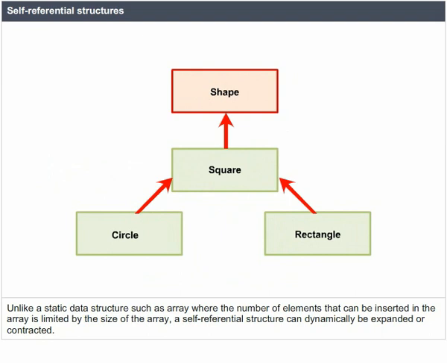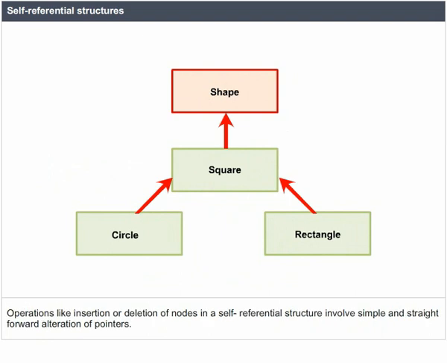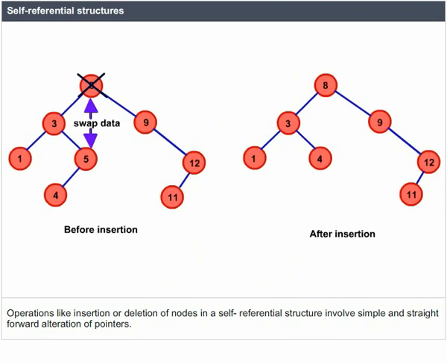Unlike a static data structure such as an array, where the number of elements that can be inserted is limited by the size of the array, a self-referential structure can dynamically be expanded or contracted. Operations like insertion or deletion of nodes in a self-referential structure involve simple and straightforward alteration of pointers.